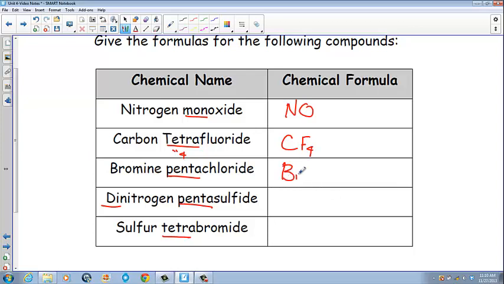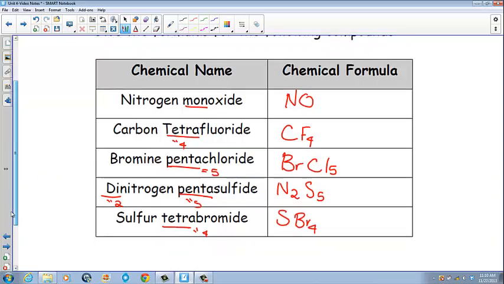Bromine, symbol Br. Penta is equal to 5, so we have 5 chlorines. And dinitrogen, so this is going to tell us that we have 2 nitrogens and 5 sulfurs. And then we have sulfur, tetra, again, 4 bromines.